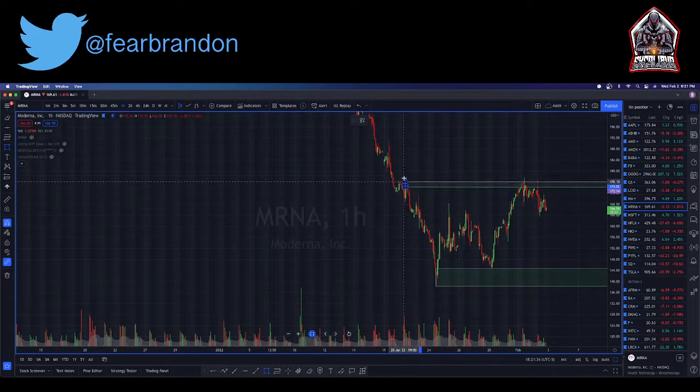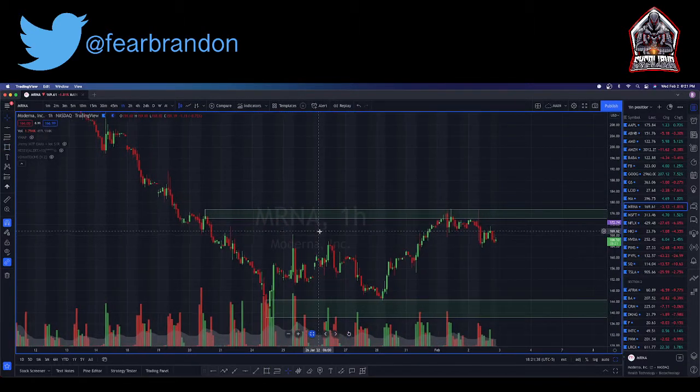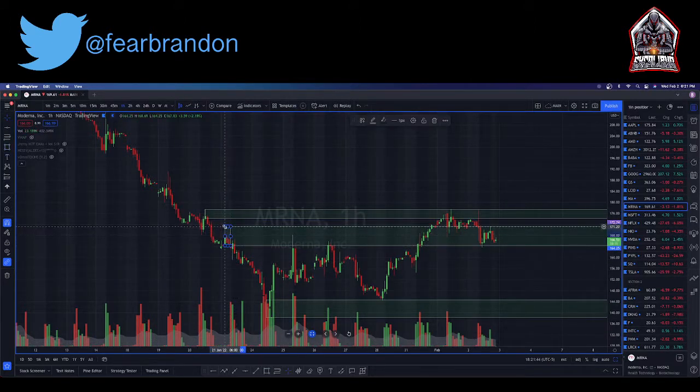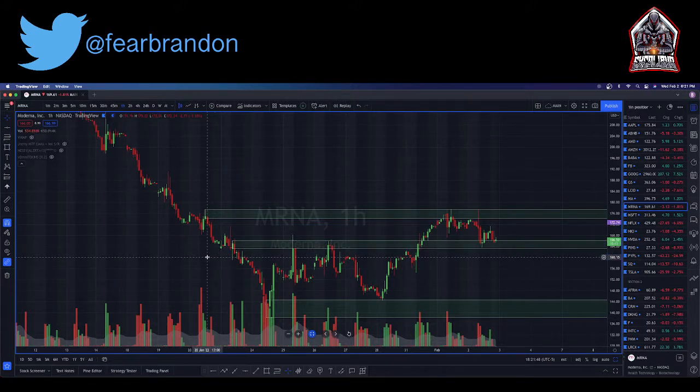We had that one right there. I think this was the one it broke above. So we're kind of ping-ponging back and forth here. But you can tell we broke above right here. You can tell this price balance before, we had another price balance right there. Eventually broke above.